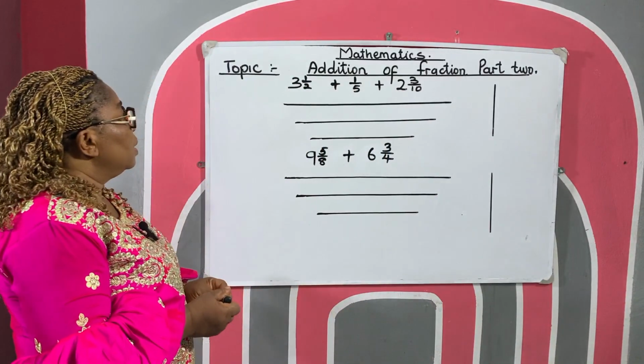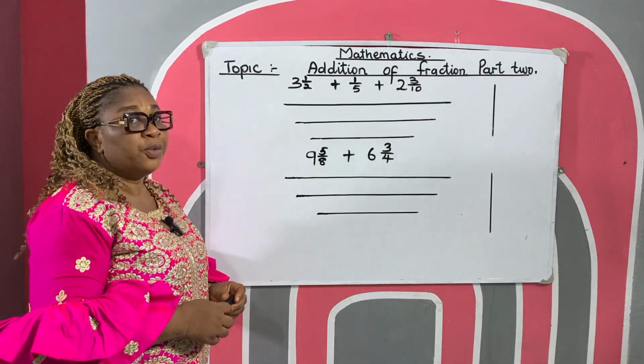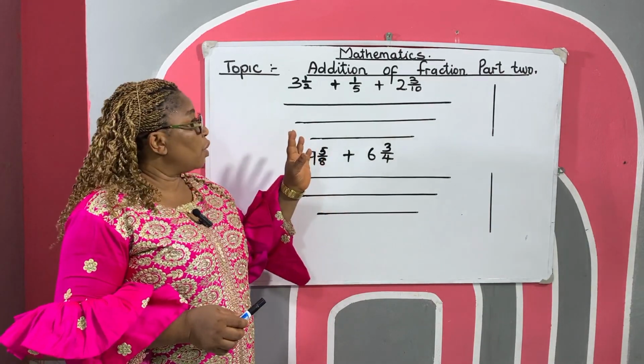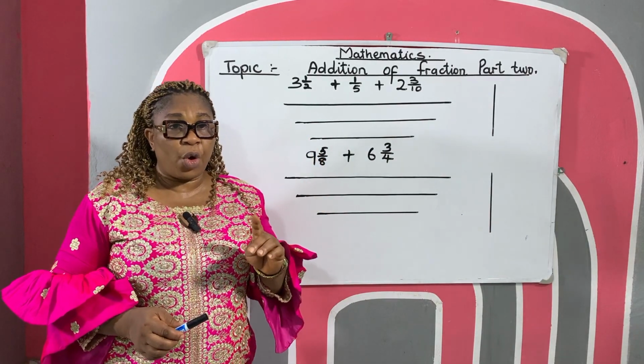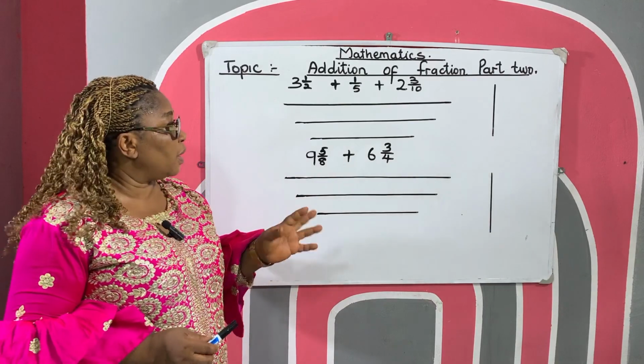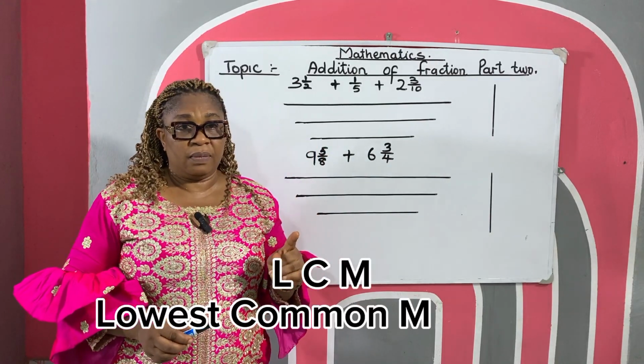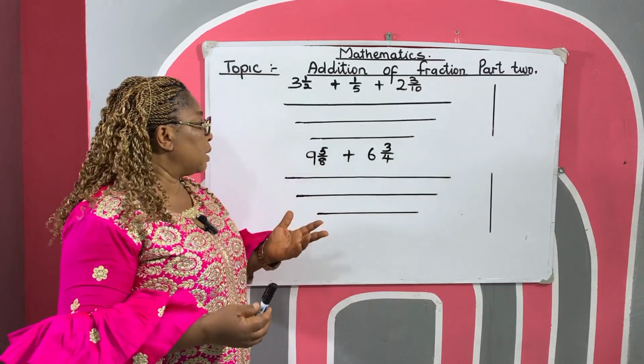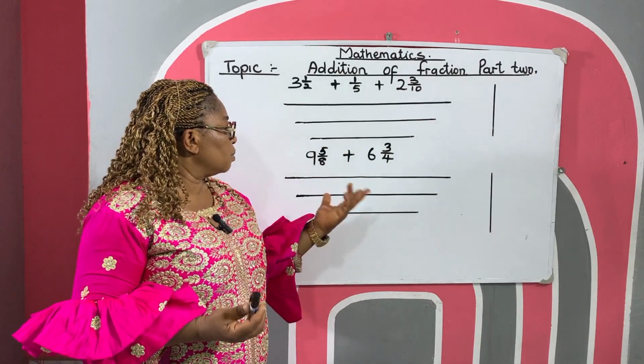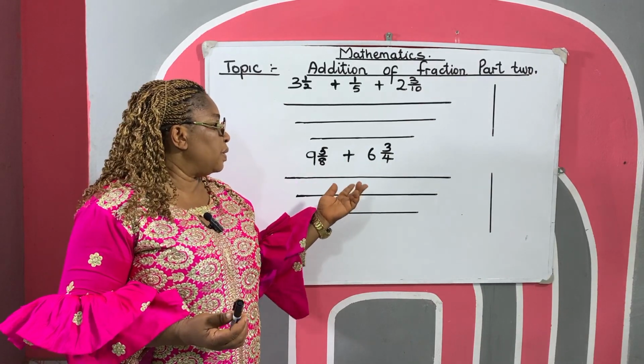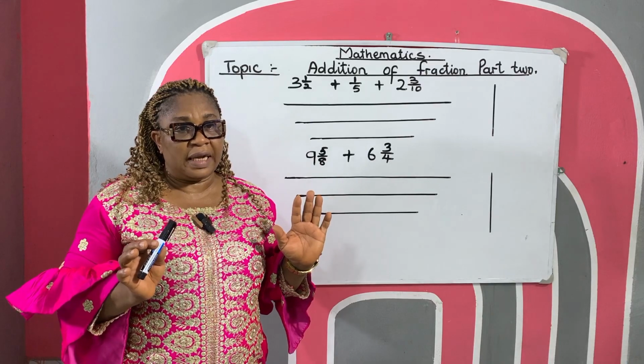Okay, as I told you before, if you want to solve addition of fraction, the first thing that will come into your mind is the LCM. Some people will just go and say, okay, 8 times 4, you get the number, you say it's the LCM. No, don't do it like that.